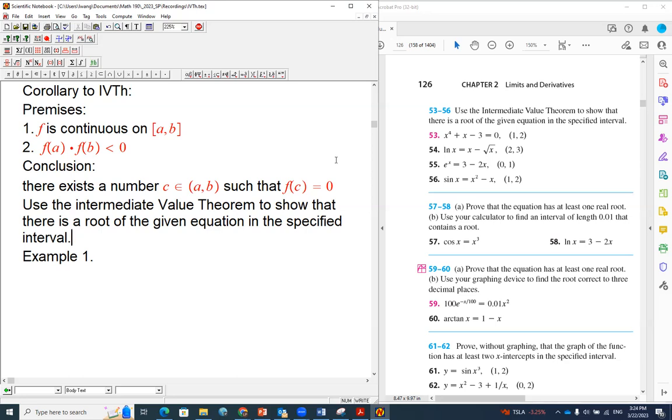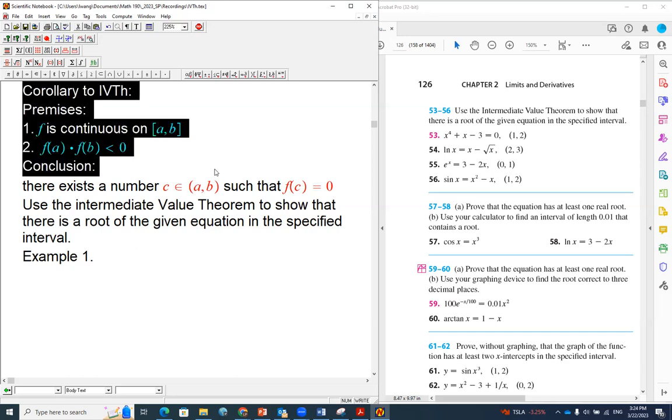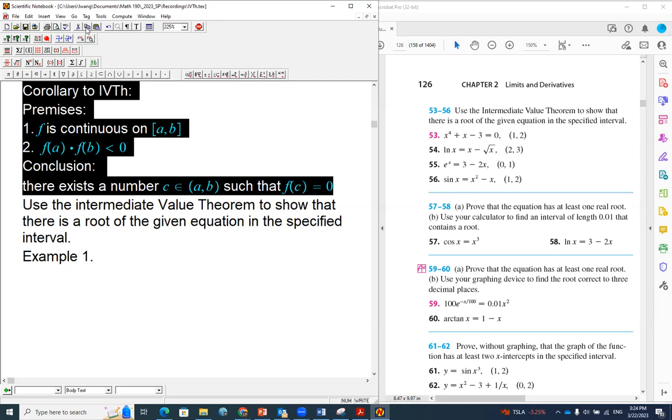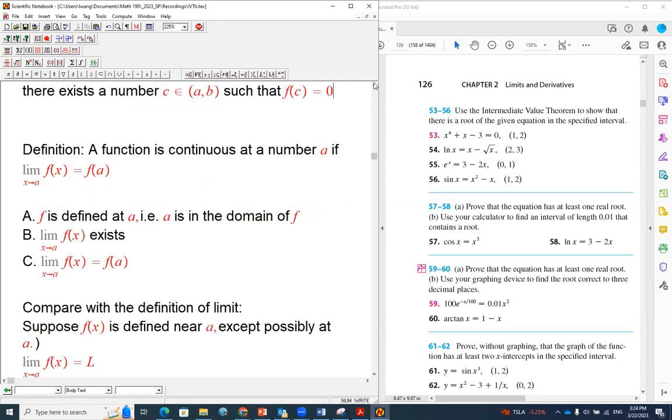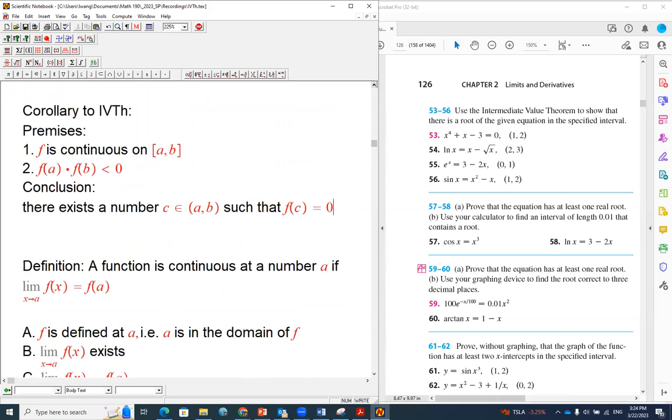The interval is given. I'm going to bring the corollary under so we can use it, so it's available to us all the time.